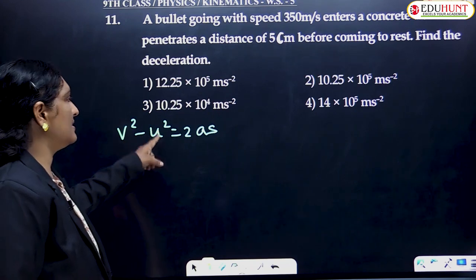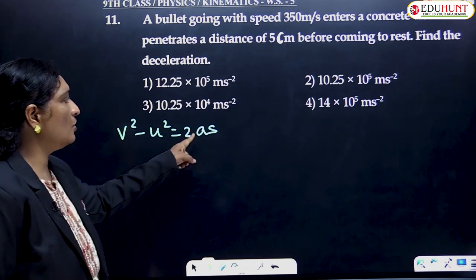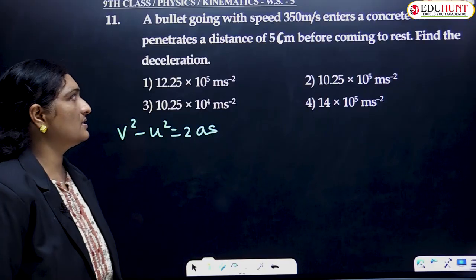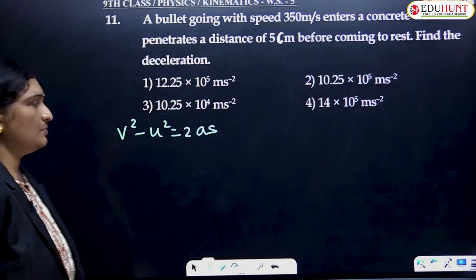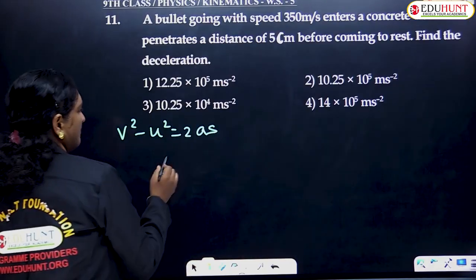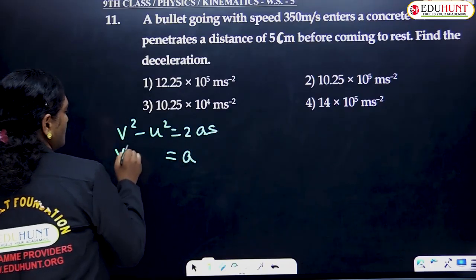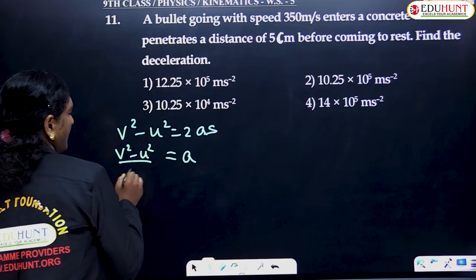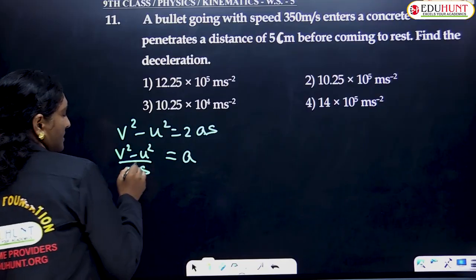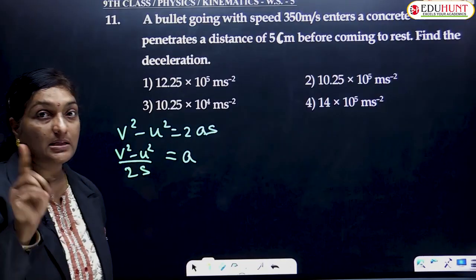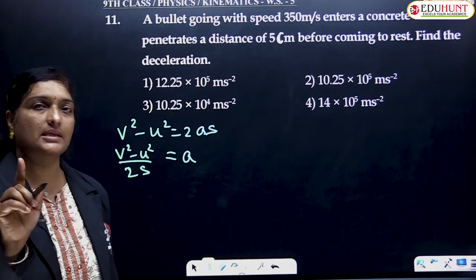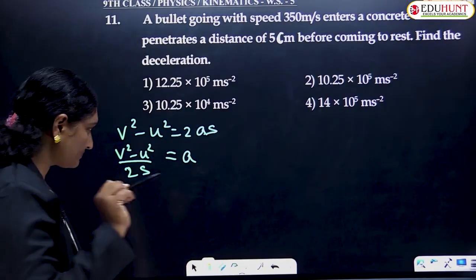Initial speed was given as 350, deceleration unknown, you need to find out, and distance was 5 centimeters. From this formula, the value of deceleration A is v square minus u square by 2s. Children, deceleration means minus A, acceleration means A. This you need to remember.